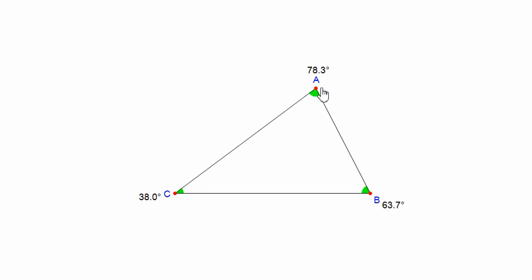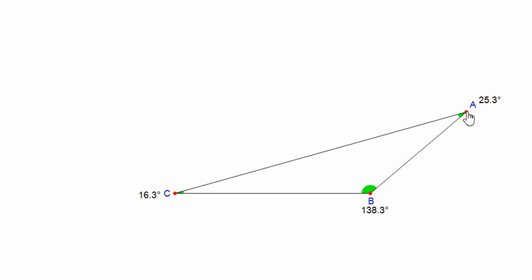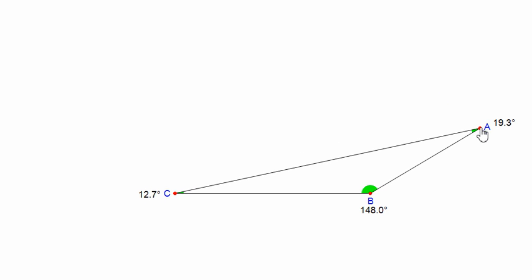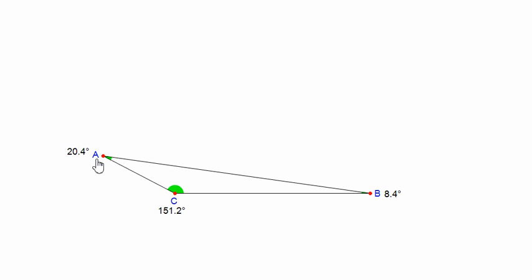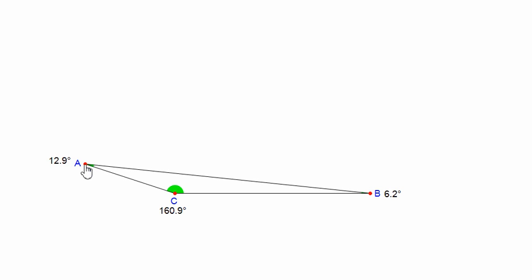I want you to see, if I move it like this, stop the video and work and add the degrees. If I change it like this, always the 3 angles of a triangle added together give us a sum of 180 degrees.